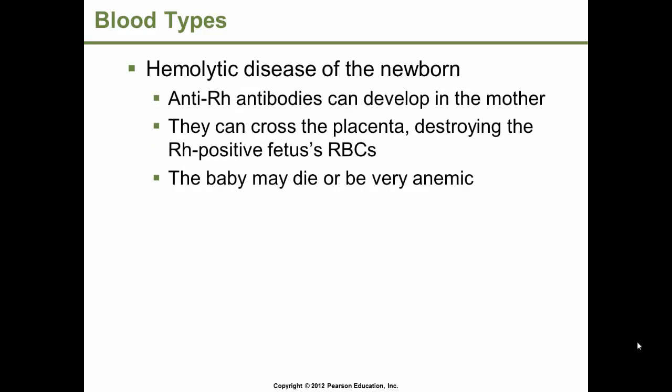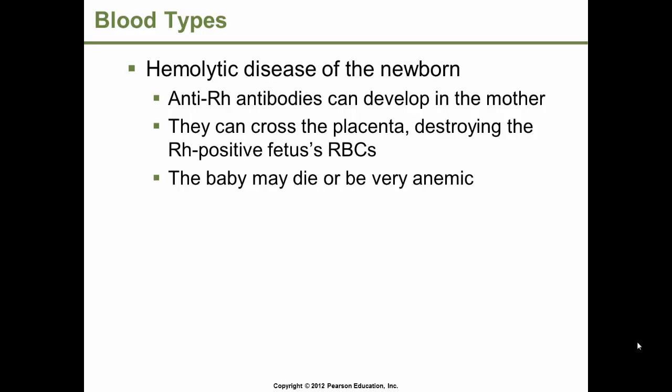Hemolytic disease of the newborn. Anti-Rh antibodies, as we just spoke, can develop in the mother and cross the placenta, destroying the Rh positive fetus's red blood cells, in which the baby may die or become very anemic.